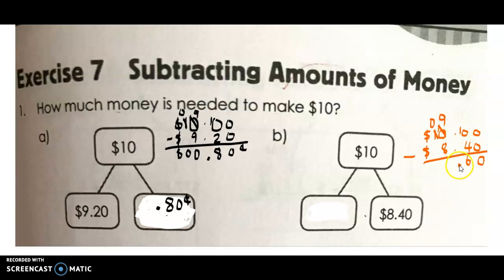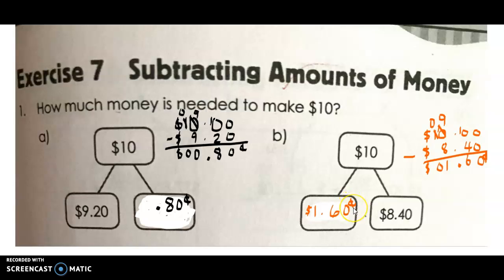Bring down my decimal, more on top, no need to stop. 9 take away 8 is 1, and that would be 0, right? So my answer is actually $1.60. So here I will just put the $1. I don't need to put this 0 in front of the 1. So it would just be $1.60.